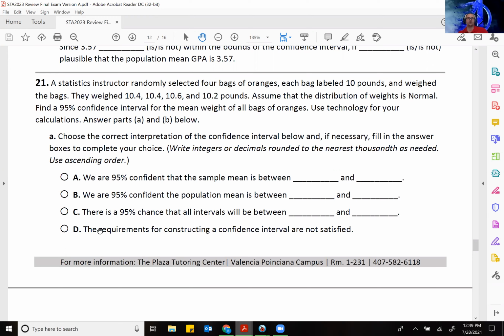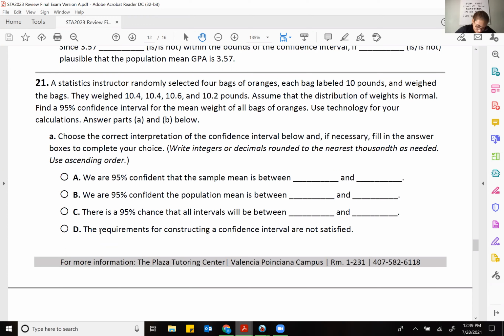All right, so which one would we choose? We would choose the one that refers to the population. Which is B. And when we fill in those blanks to the nearest thousandth, Lewis, what do we get?